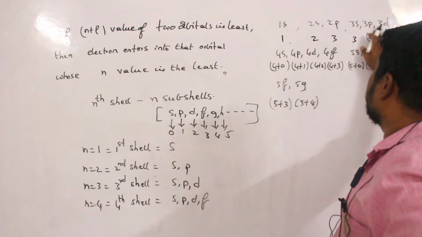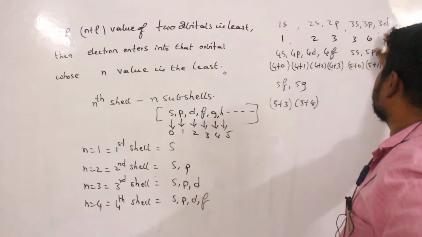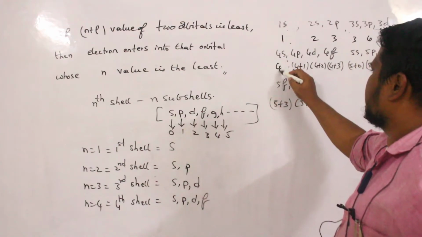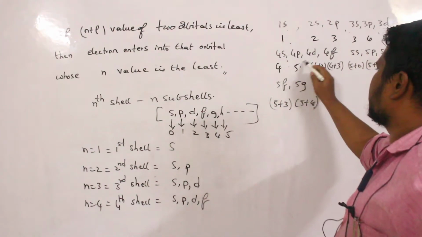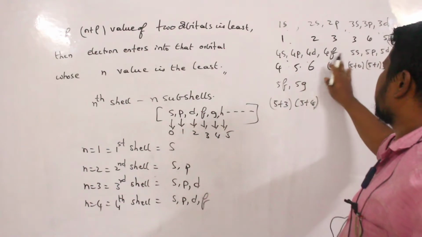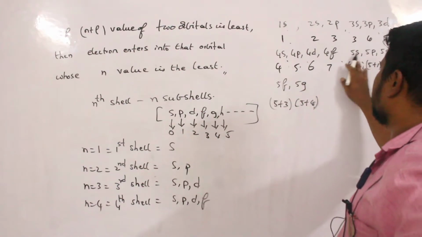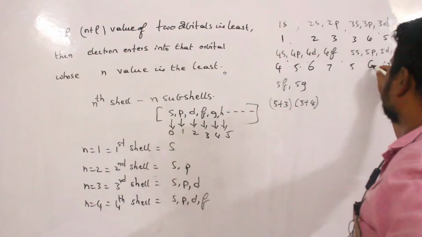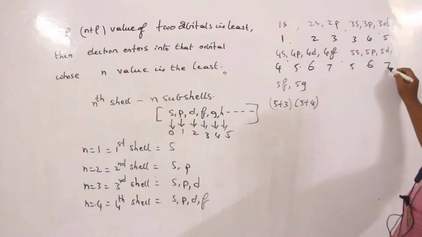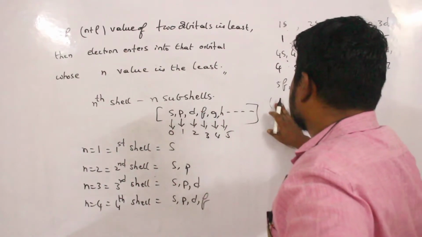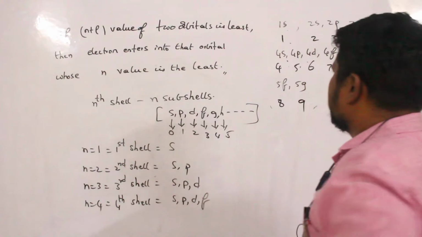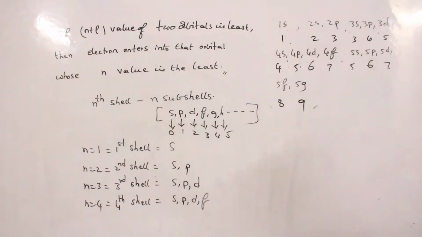And it is 4. And it is 5. This one is 4. This one is 5. This one is 6. This one is 7. This is equal to 5. And this is 6. And this is 7. And this is 8. And this value is 9. Okay. So these are all the n plus l values which I got.